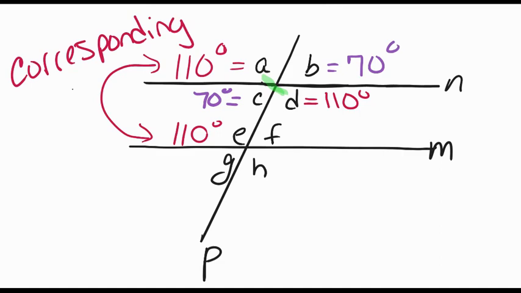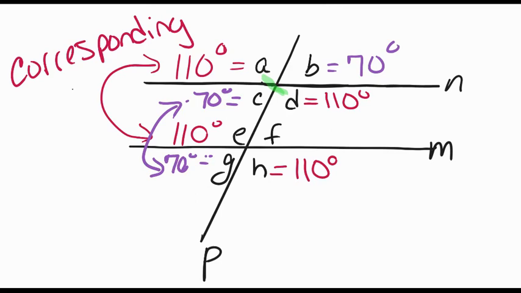So if you notice, C corresponds with G. They're both in the bottom left corner. That means they're going to be the same degrees as well, because C and G are corresponding angles, and corresponding angles are also congruent. If you look on the other side, D corresponds to H. They're both in the bottom right, so it's also going to be 110 degrees.